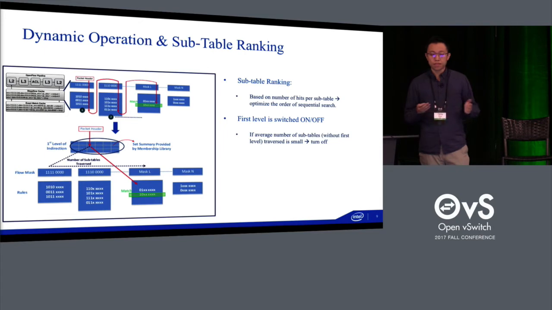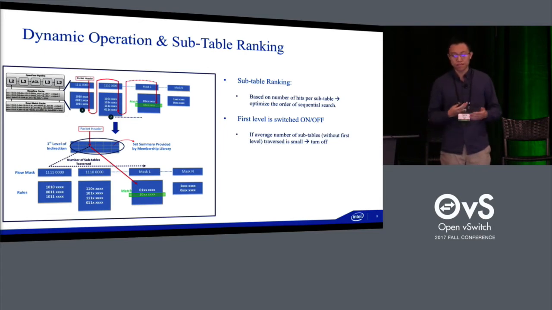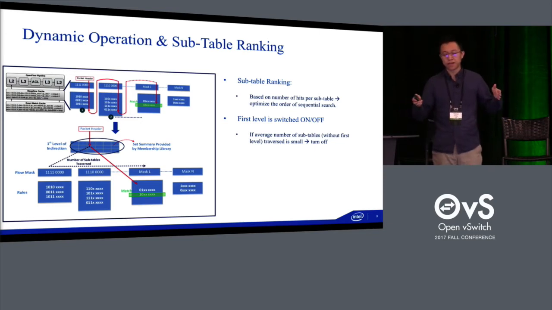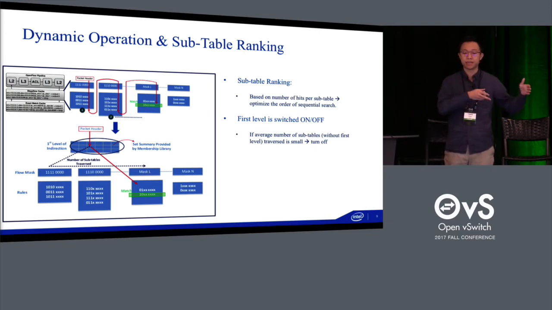Let me describe a little bit about tuple ranking. Tuple ranking means it will always rank the most hit subtable at the front. So your packet will search that tuple at first. That will increase your probability to find the match at the first subtable, right?